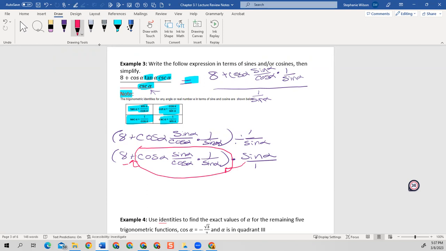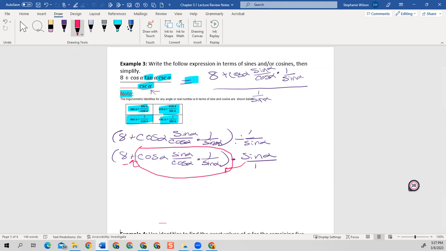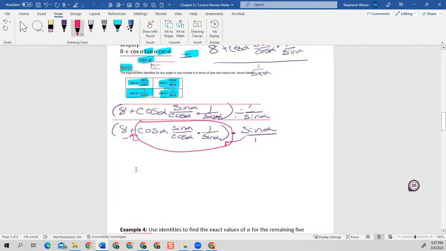So I'm going to distribute to the 8 and I'm going to distribute to this parentheses. I'm going to do an extra step. Again, you do not have to, but I'm going to do it just so you can see what I'm saying. So now I have 8 times that sine over 1, and you could drop that 1 in the denominator. We don't need it, but I'm going to leave it just for notation right now.